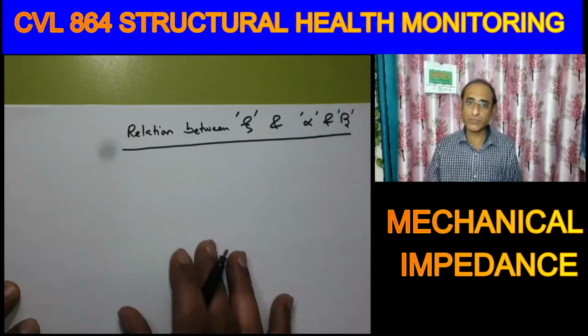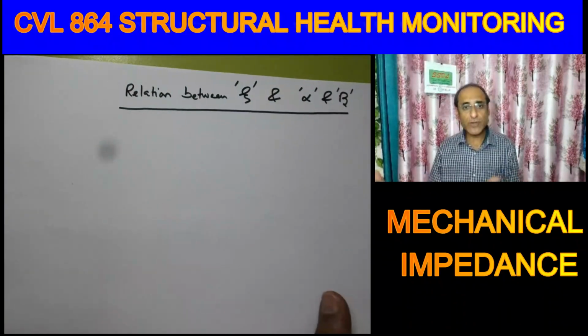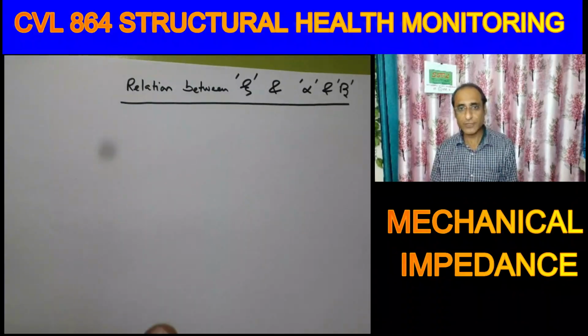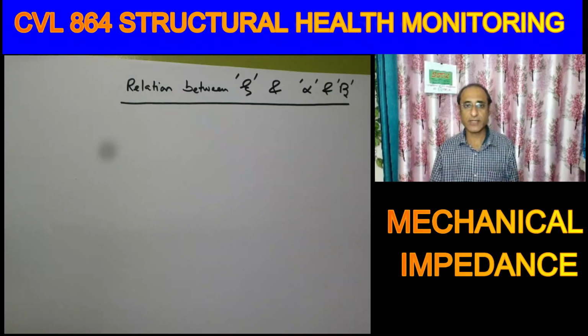One solution you know, because your eta is 2 times xi. So one solution you already know, that simply we can make alpha as 0 and we find out the equivalent of beta, just like in the case of the mechanical loss factor.